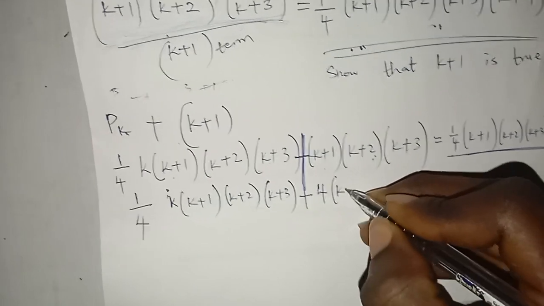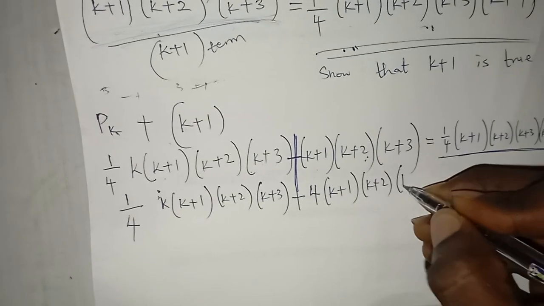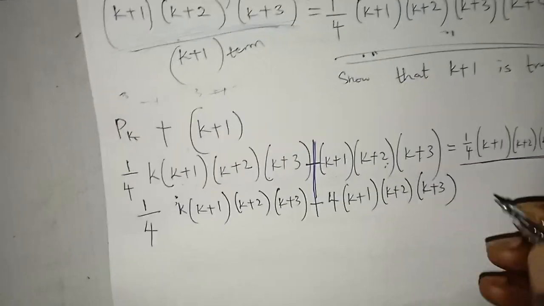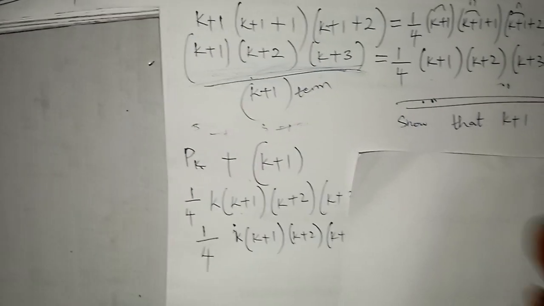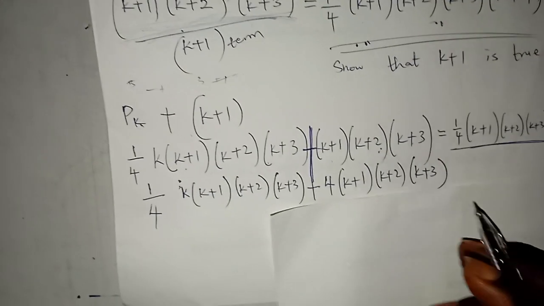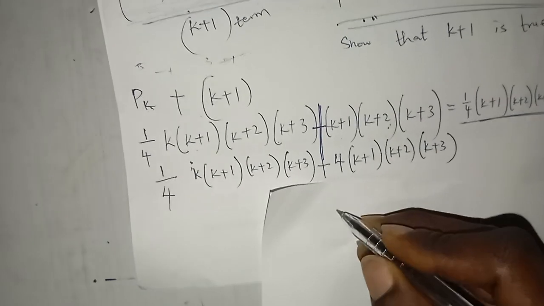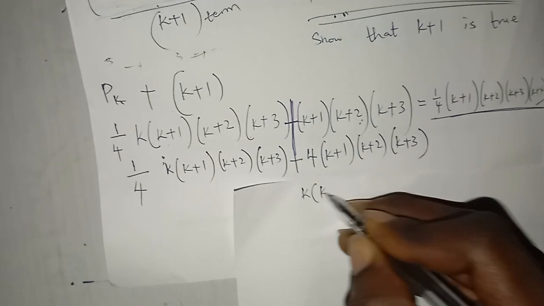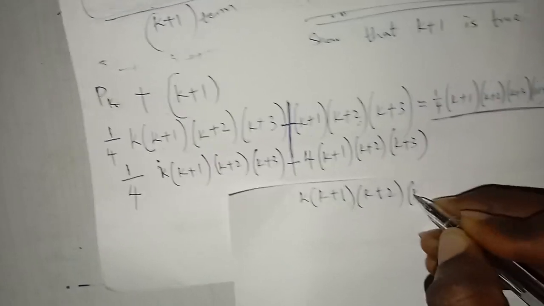So I have k plus 1, k plus 2. Somebody will still want to ask me, how did you do that? Notice that this thing is the same thing as saying k into k plus 1 into k plus 2 into k plus 3.